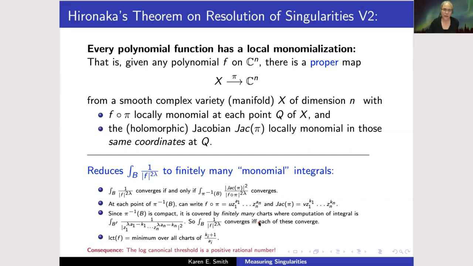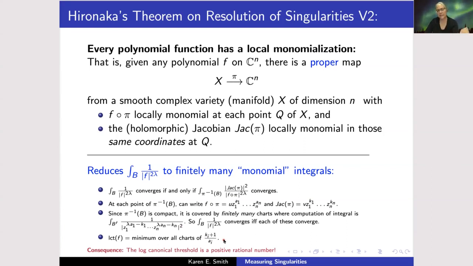So this is actually how I know how to compute the log canonical threshold of those cusp singularities we were looking at before. And an interesting consequence of this is that the log canonical threshold is always a positive number, because we can just get it from these monomial charts, the charts where everything is monomial.